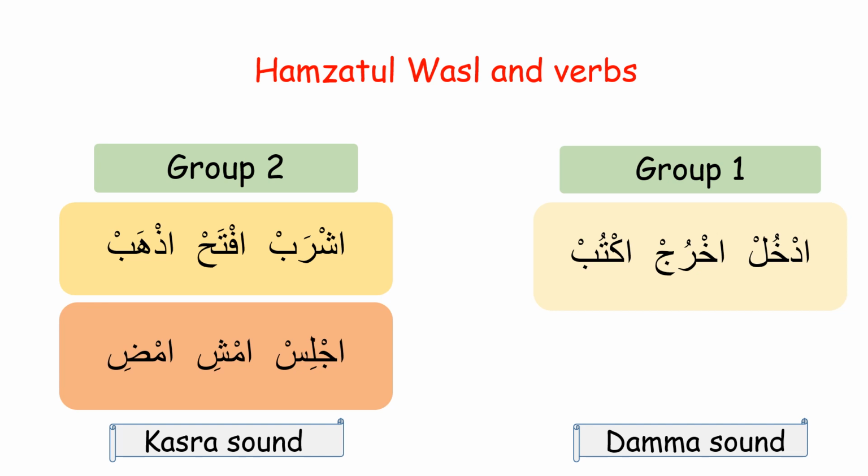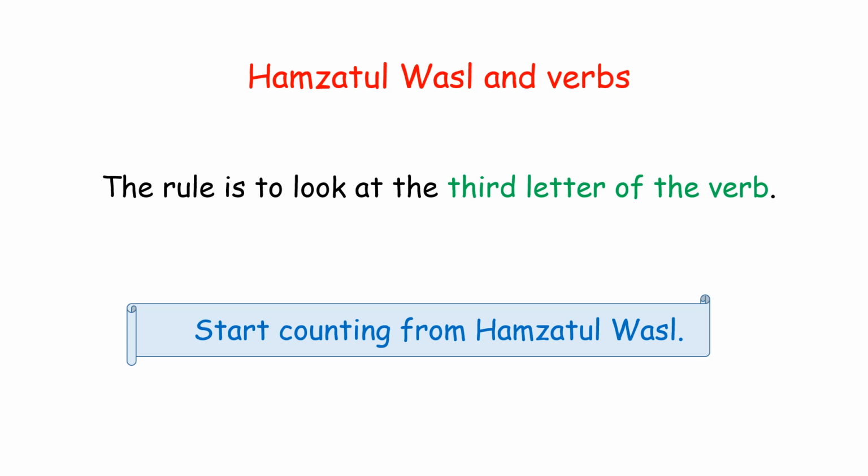Now let's break this down, shall we? As mentioned, if we want to start reading from a verb containing Hamzatul Wasl, we have to associate a temporary Kasra or Dhamma to our Hamza. To know which one of the two options we must choose, you will have to apply a very simple rule. The trick is to look at the third letter of the verb.